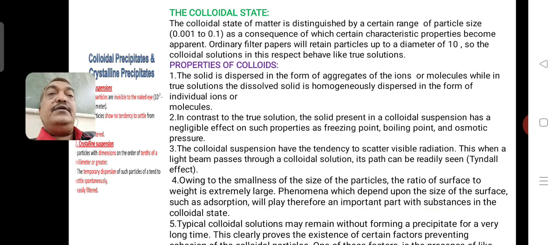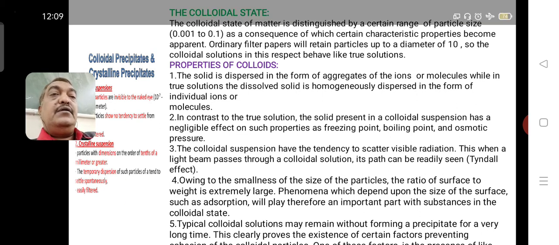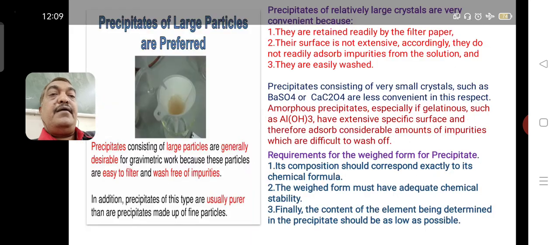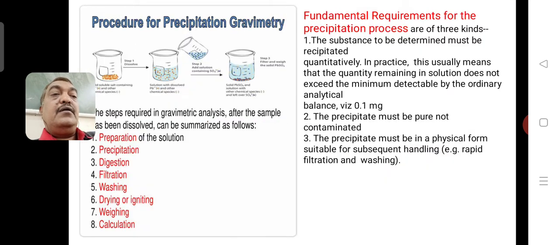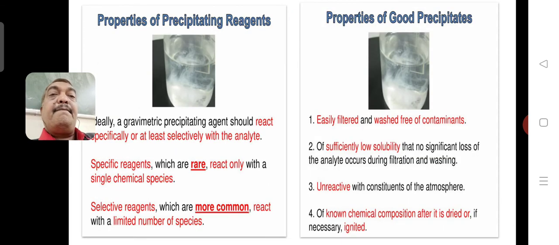Now, if you see the properties of the precipitating reagent and the properties of good precipitants.